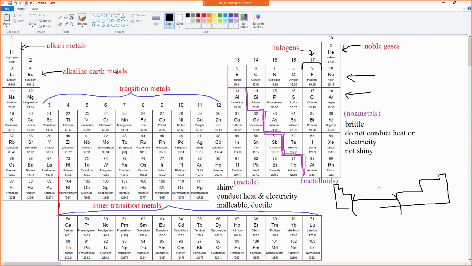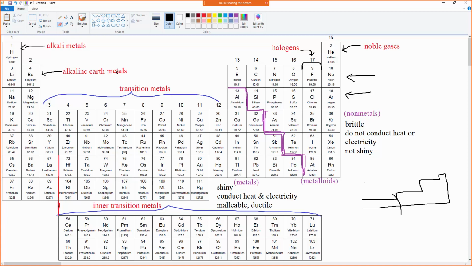So the metalloids are in the middle, and each of those is a little bit unique. And I don't want to spend too much time talking about metalloids because, as a matter of fact, there's not wide consensus in the chemistry community whether it's important to distinguish these or even which ones they are. For instance, nobody calls aluminum a metalloid. It's definitely just a metal, right?